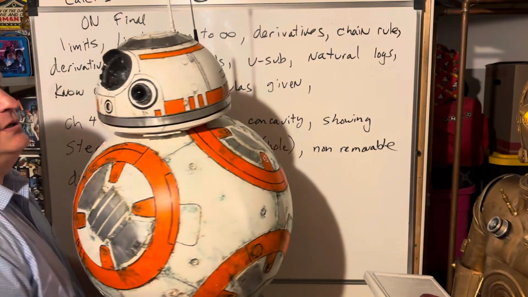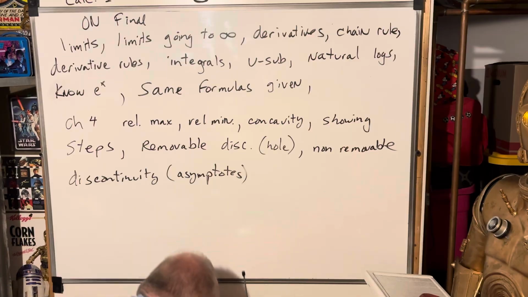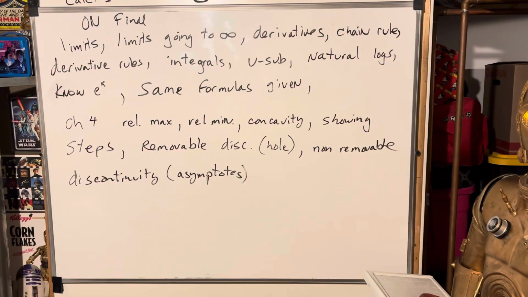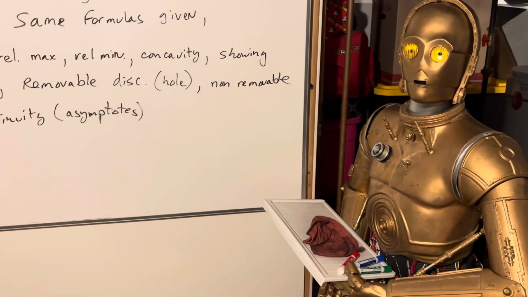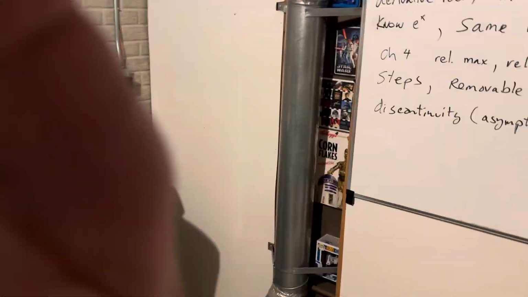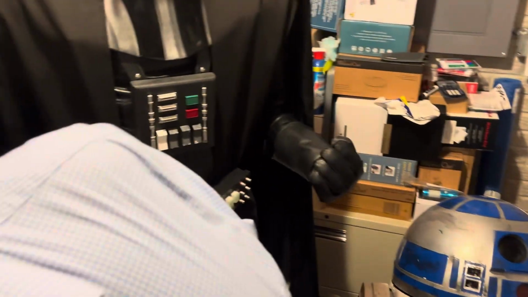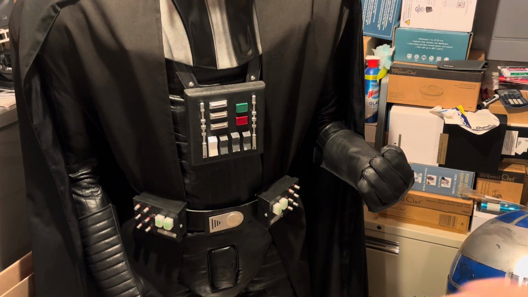I take him to Children's Hospital. Oh, and this year we took BB-8 and here, let me reposition this. So that's C-3PO. That's BB-8. Over here on this side, I got R2-D2 and Darth Vader. So kind of stepping around things.